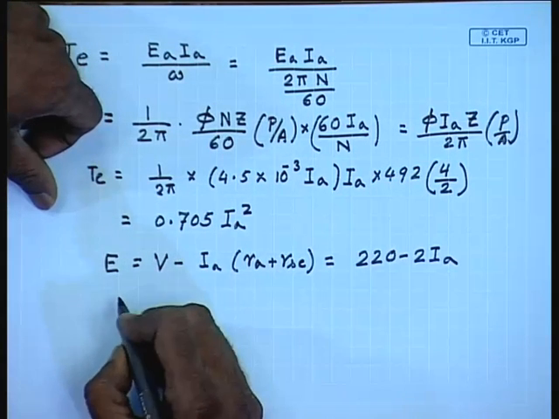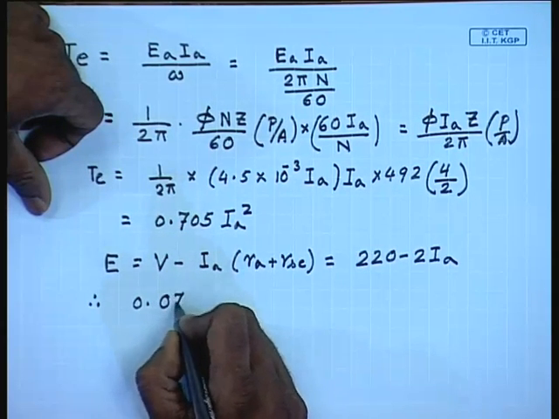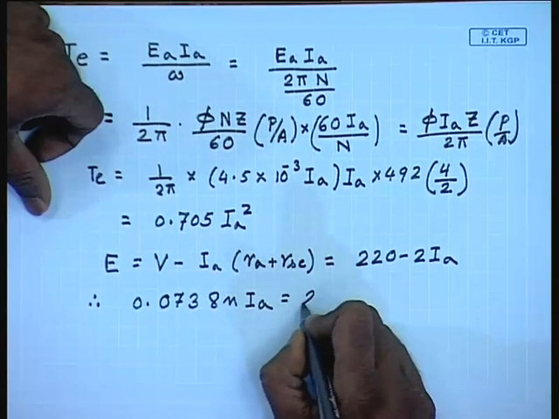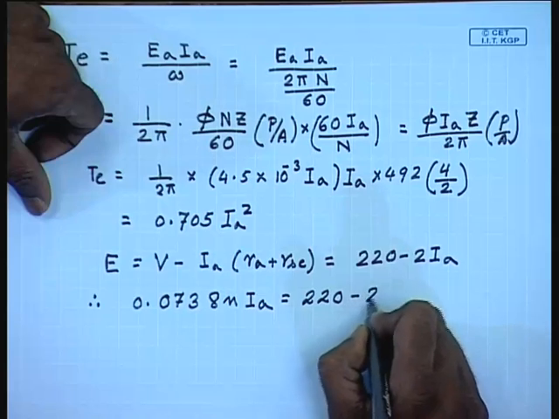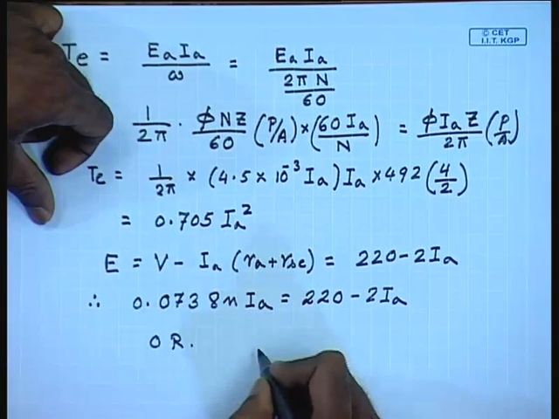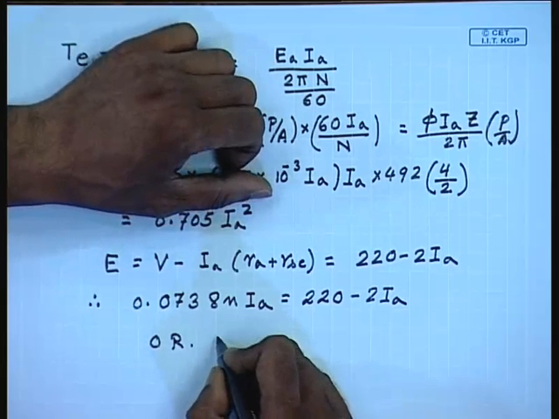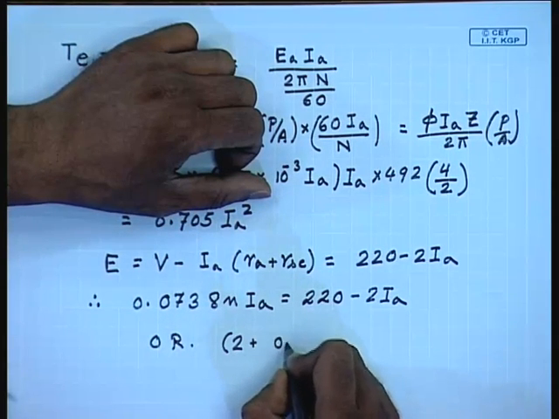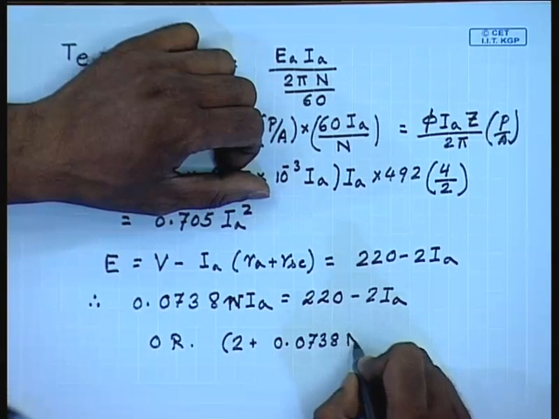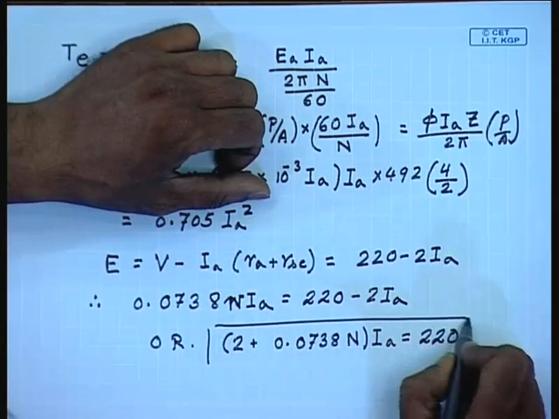Therefore, 0.0738 n Ia equal to 220 minus 2 Ia, or (2 plus 0.0738 n) Ia equal to 220. This is the current speed characteristics of this machine.